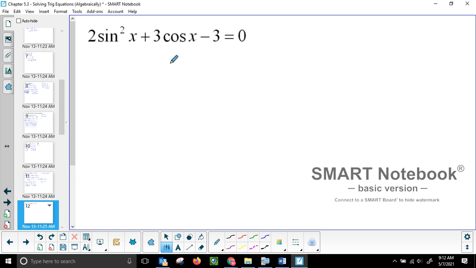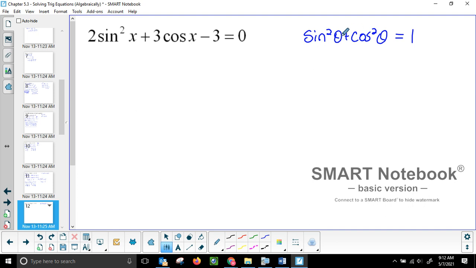All right, guys. So, of course, we want to change this trig expression that is squared. So we're going to use our Pythagorean identity of sine squared theta plus cosine squared theta is equal to 1. If I'm trying to replace sine squared, I need to solve for sine squared.